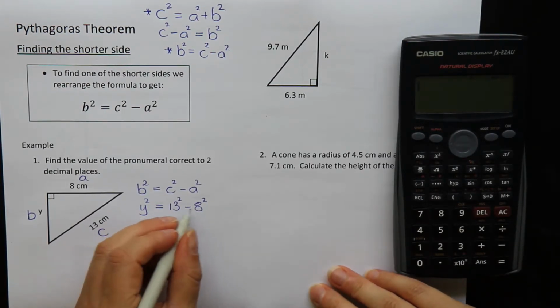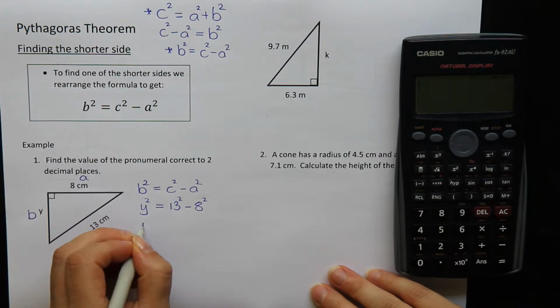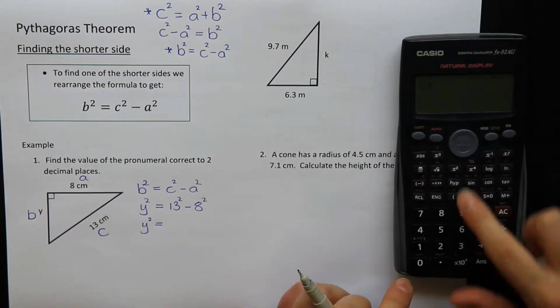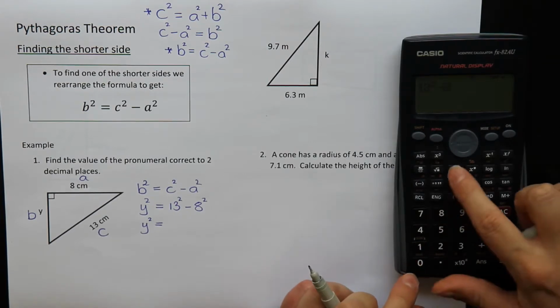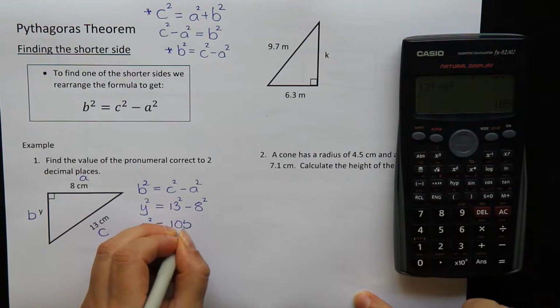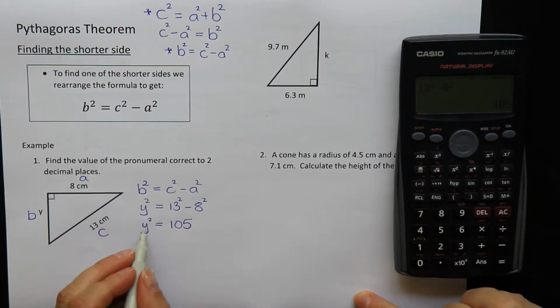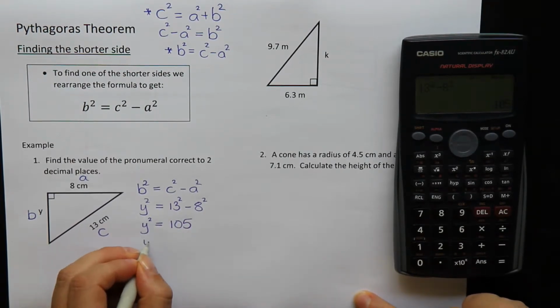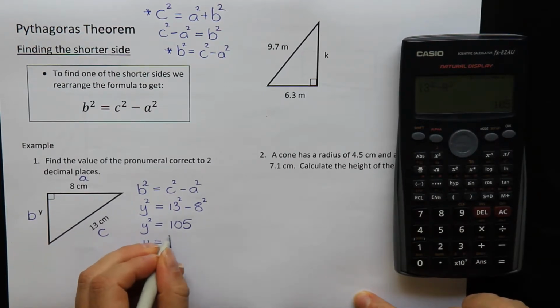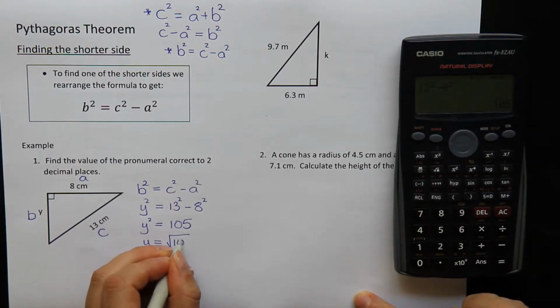Use the calculator to type this in and find out what that is. y squared is equal to, let's find out, 13 squared minus 8 squared equals 105. We want to get y by itself. To get rid of a squared, the opposite thing to do is to square root 105.